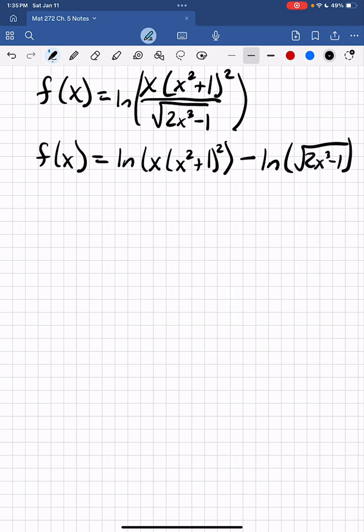Okay. And then just using those rules again, I can keep breaking it apart because I have multiplication. So I can say the natural log of x plus the natural log of x squared plus 1 squared minus the natural log of, and I'm going to rewrite this square root as a fractional exponent, and that would be 1/2.